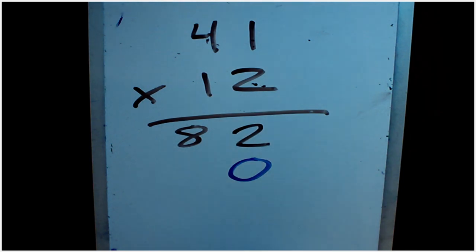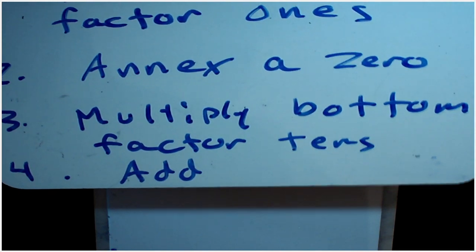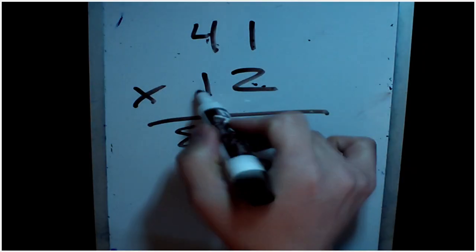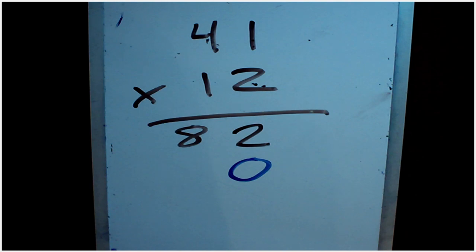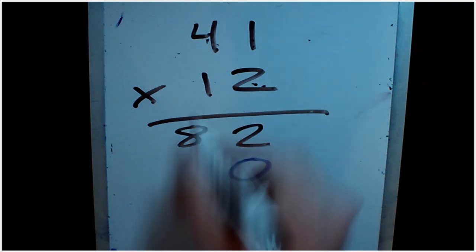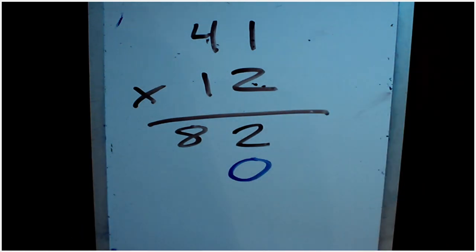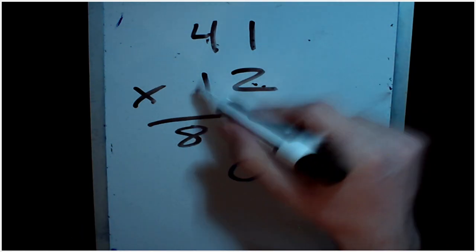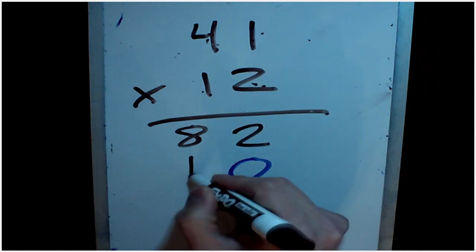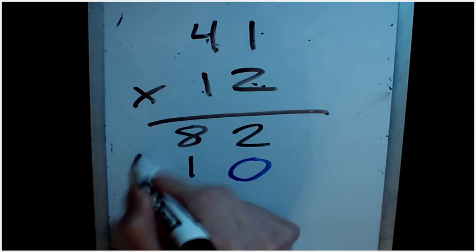So now we're going to do step 3, multiply the bottom factor's tens. So here's my bottom factor, my tens group, whatever you want to call that. We don't have to say it's 10 times 1 because we're not doing partial products, we're doing the standard algorithm. So we say 1 times 1 is 1, 1 times 4 is 4.